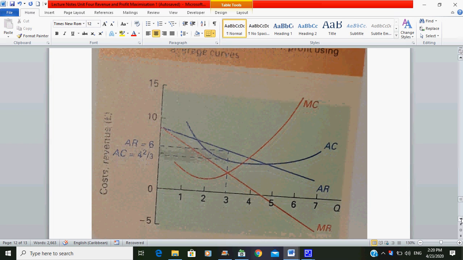Pause the video, draw this for me, please. How to draw this diagram is that they plot the curves first.